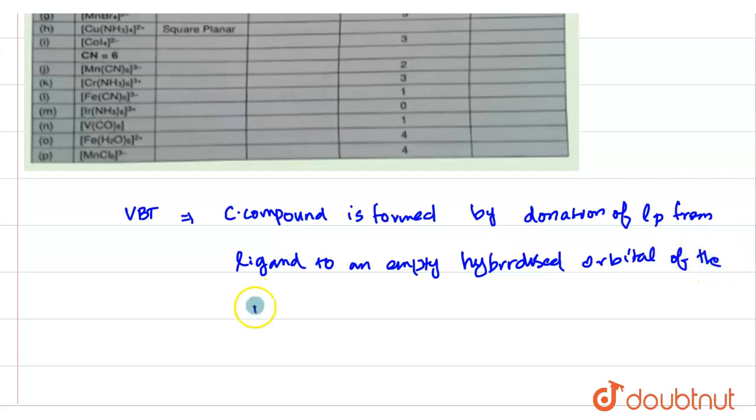So we have to make empty hybridized orbitals in the metal and the ligand will donate its lone pair to that hybridized orbital.